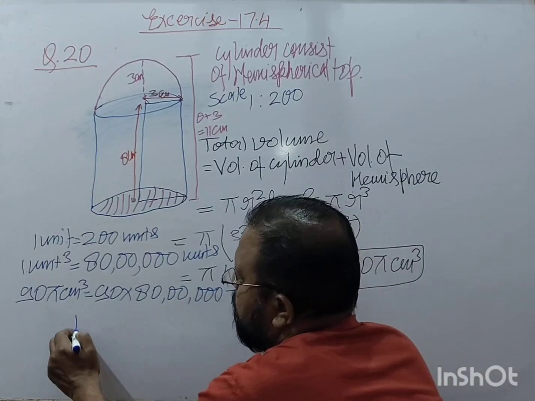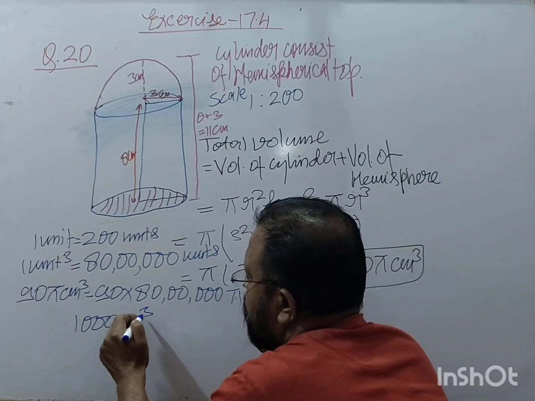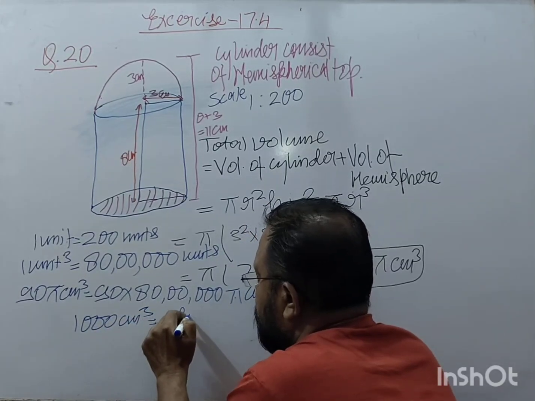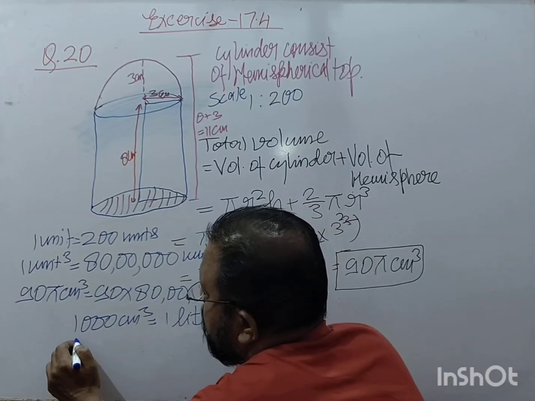So we have 1000 centimeter cube is equal to 1 liter, right?